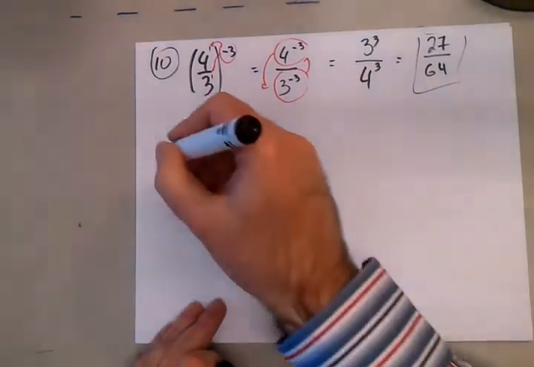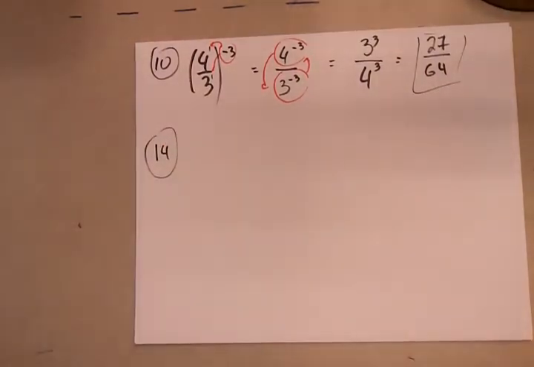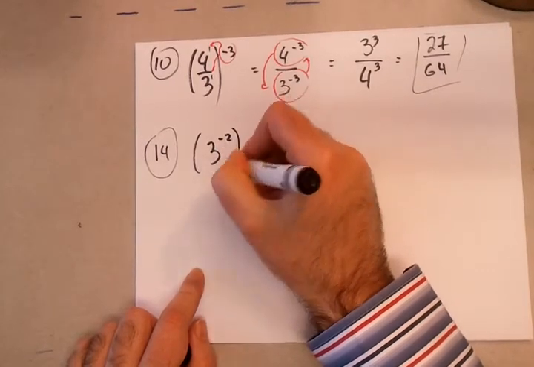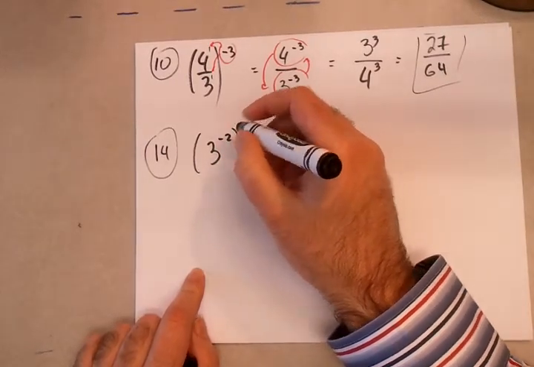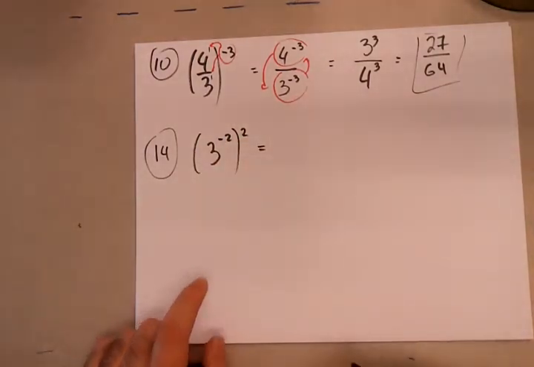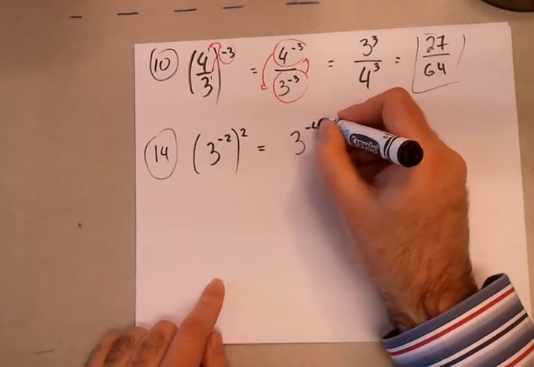Number 14. 14 we have, oh, this is very simple. We have 3 to the -2 multiplied by a 2. Power to the power problem, external and internal exponents, just multiply them. -2 times 2, which is going to be 3 to the -4.